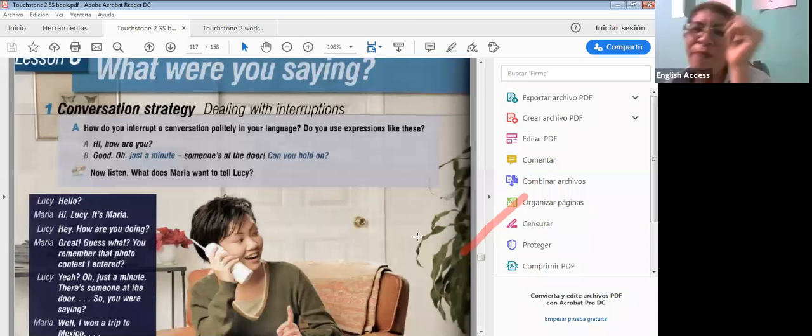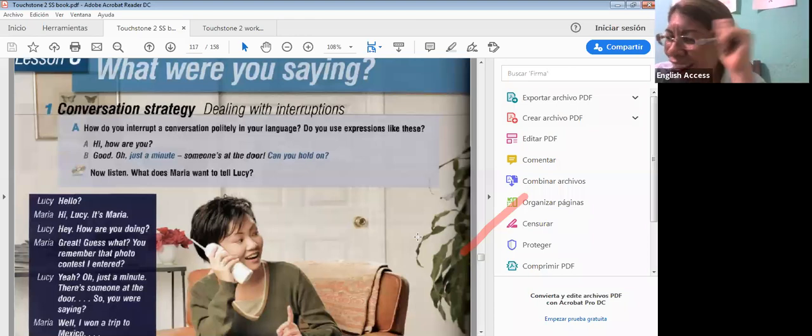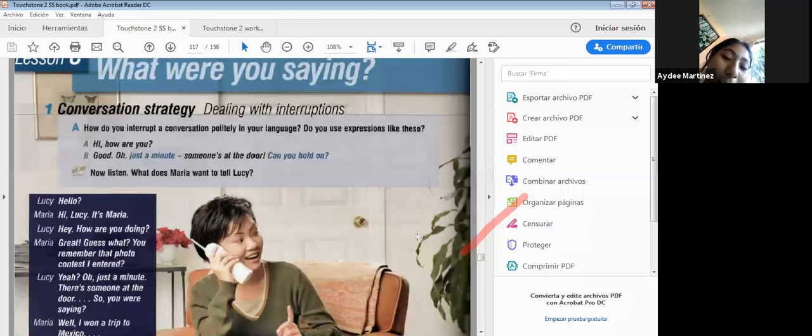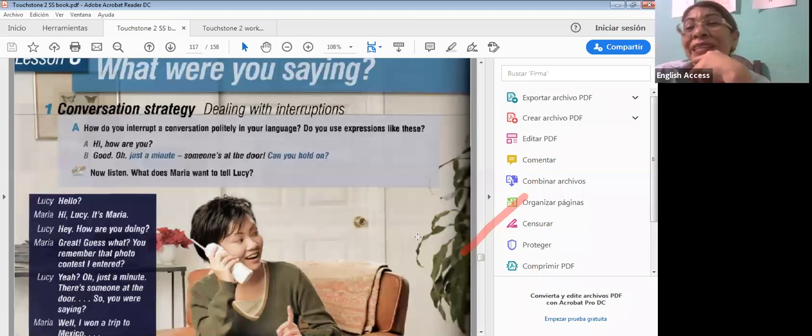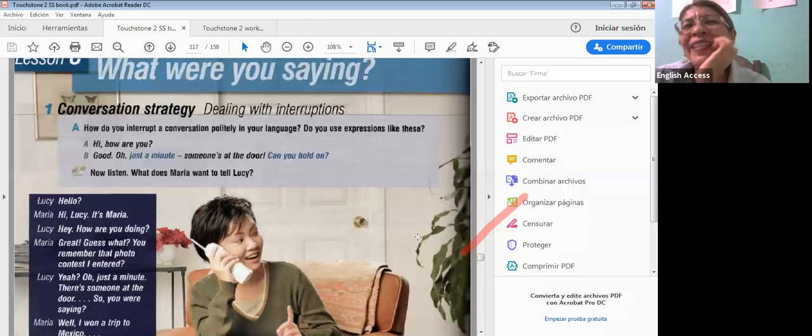Tengo hambre, espérate tantito. Espérame tantito, ¿ok? Me llegó un mensaje. Espera un momento. Ahorita regreso, voy a abrir la puerta. Ajá, that is very common.